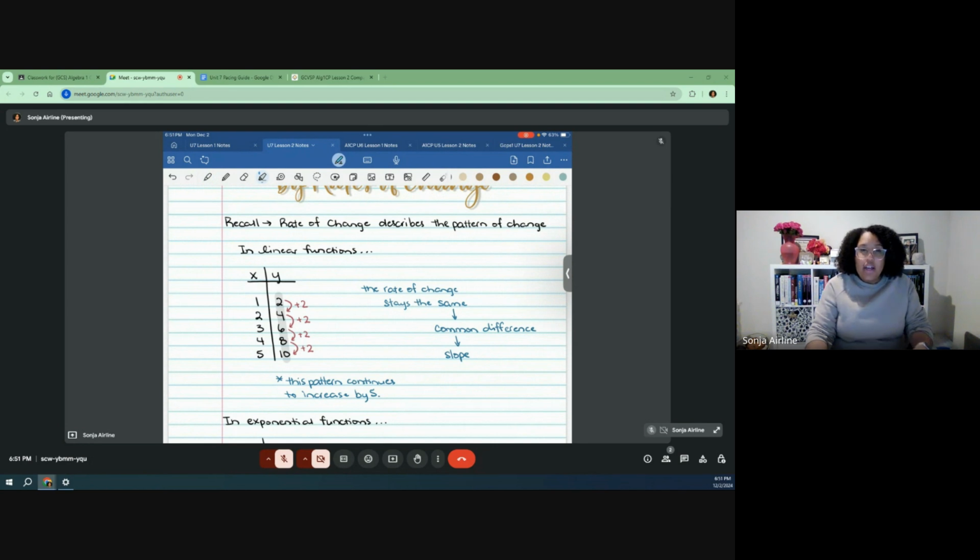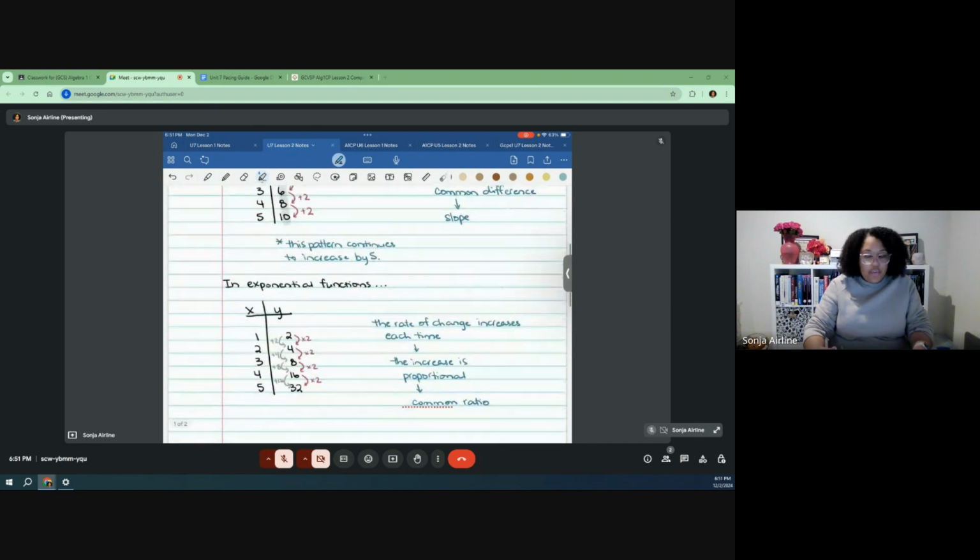That pattern increases or changes the same way each time. We're consistently adding 2, and so we would describe that as a constant rate of change that's staying the same. We've also described that as a common difference or as the slope of our linear function, and it created that line in our graph.